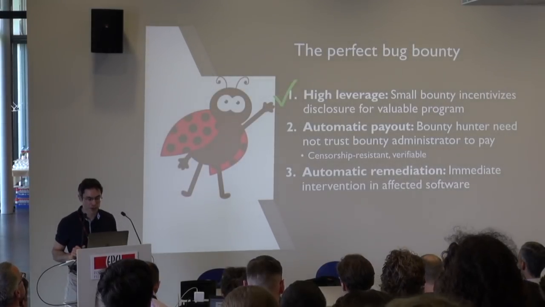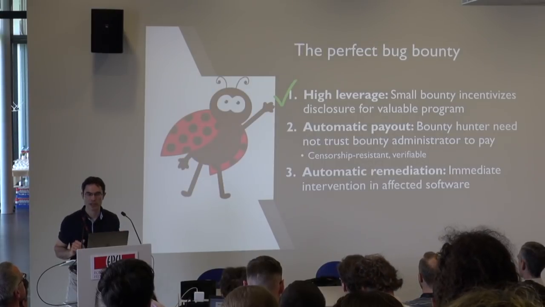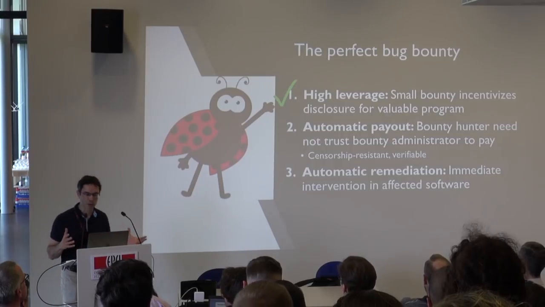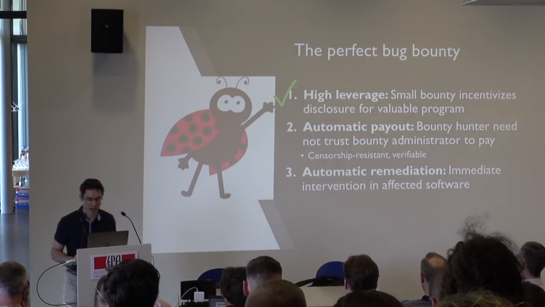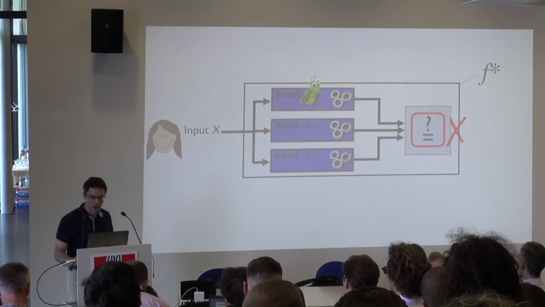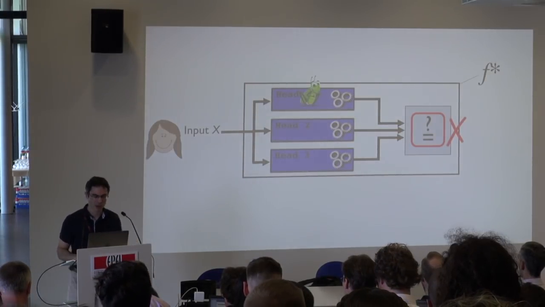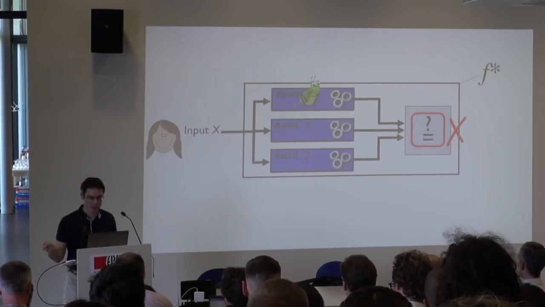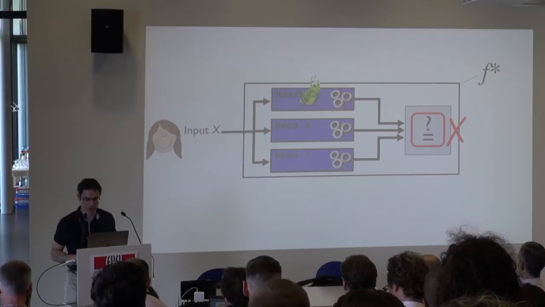So we've achieved this property of high leverage in our perfect bug bounty program. What about the other 2 properties? What about automatic payout, for instance? Well, you'll recall that this smart contract will pay out to a user as soon as a vulnerability is discovered, as soon as a bad input is furnished.